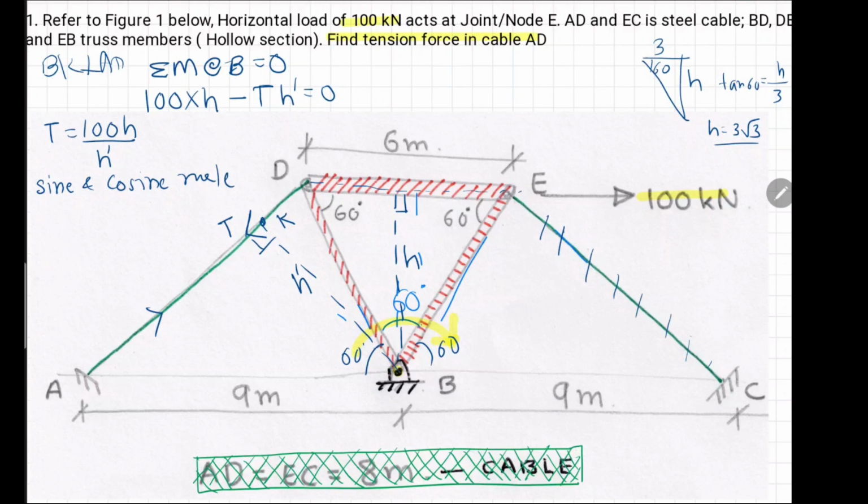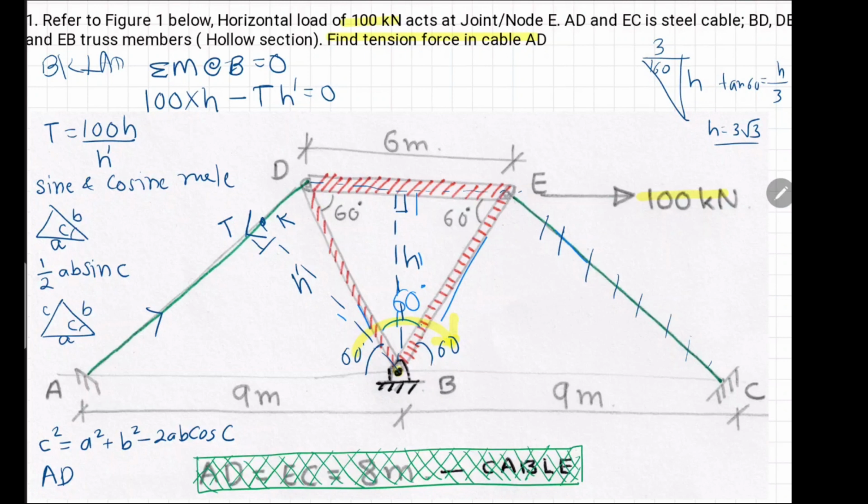The sine rule says, if we know two sides and the angle between them, we can calculate the area of a triangle equals to half AB sin C. And what the cosine rule says, if I know two sides and the angle between them, then I can calculate the third side C using the cosine rule: C square equals to A square plus B square minus 2AB cos C. So using the cosine rule, we can calculate distance AD.